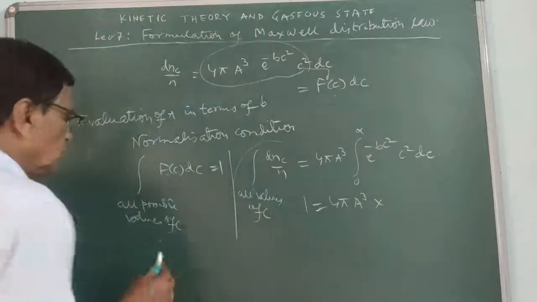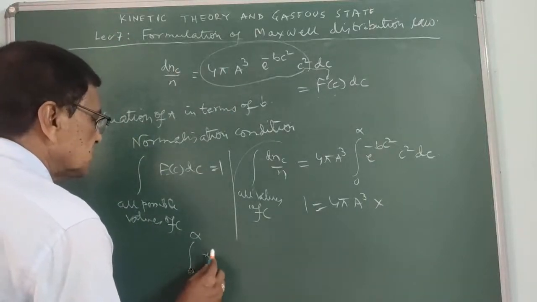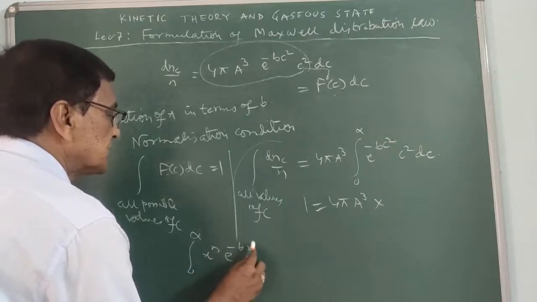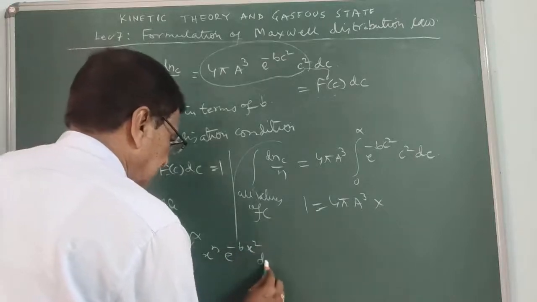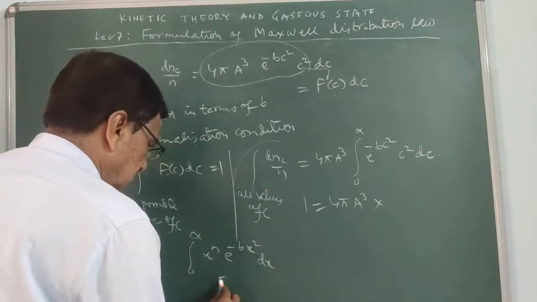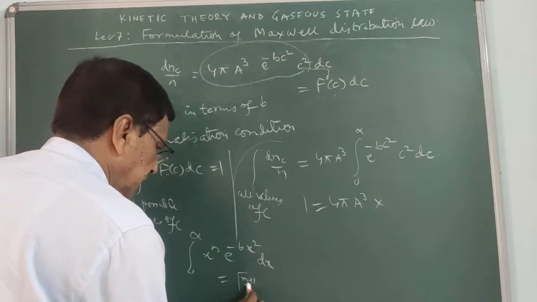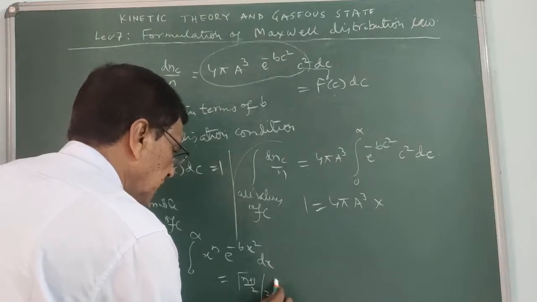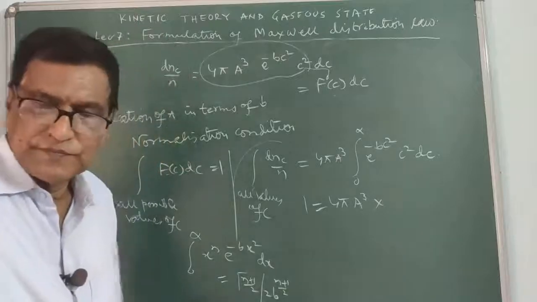Gamma function, you know this integration: 0 to infinity x to the power n e to the power minus b x square dx equals gamma of (n plus 1) by 2, divided by 2 b to the power (n plus 1) by 2.